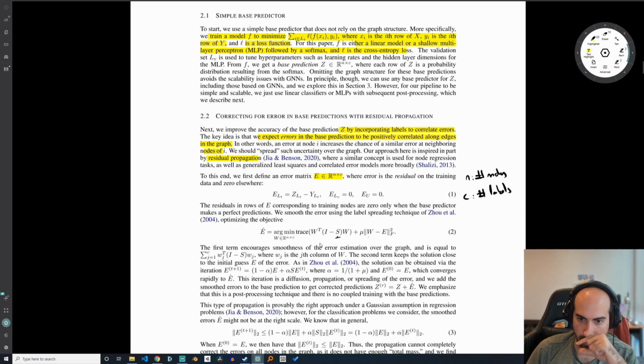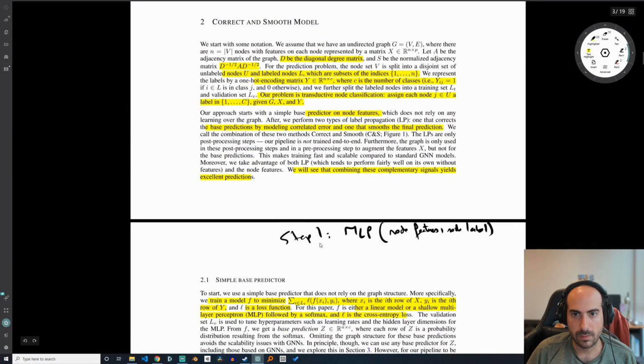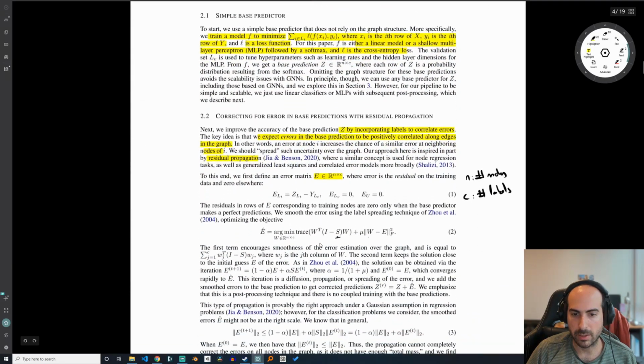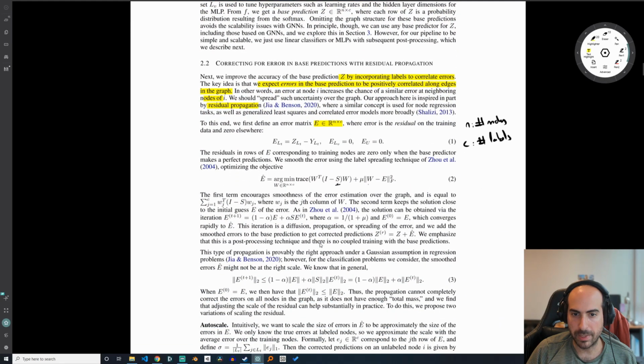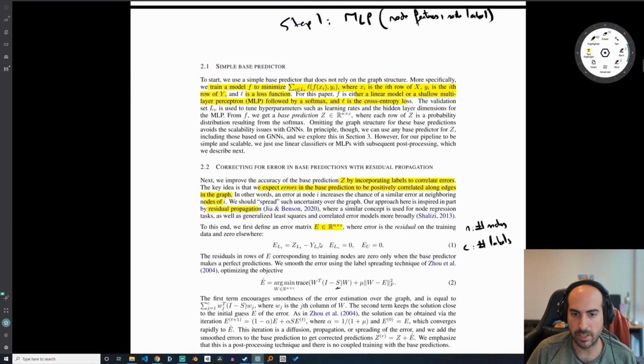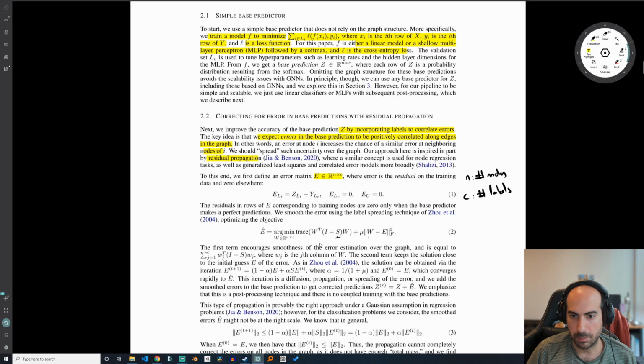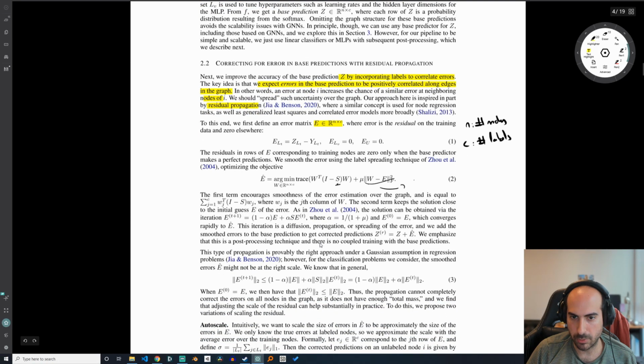So what's S again? Oh, the normalized adjacency matrix, right? Okay. So we minimize the trace of the normalized adjacency matrix times W plus this is the smoothing. And so S is the normalized adjacency. So I guess we really just need to read this paper to figure out why this works.